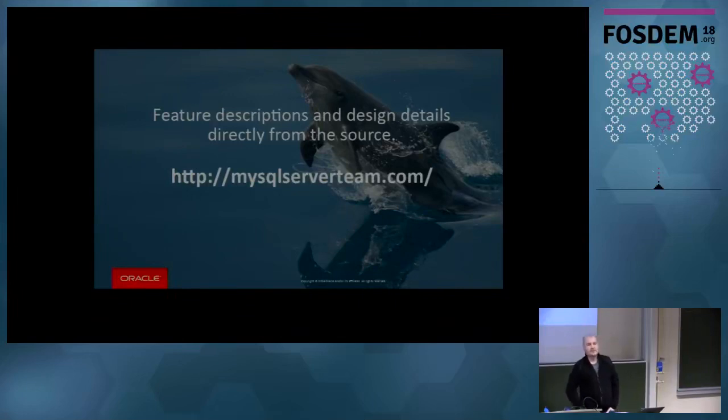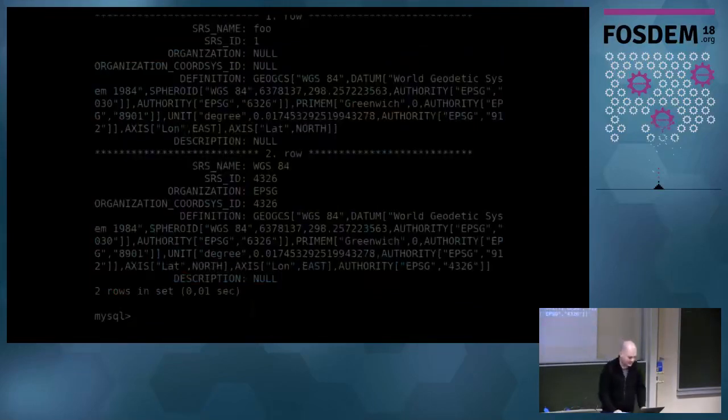Yes? In terms of precision, what is the minimum, what is the maximum precision? It is a double precision floating point. So then again, it comes back to the unit you are using, which is part of this definition. So here, for instance, there's degrees and the conversion factor to radians, right?